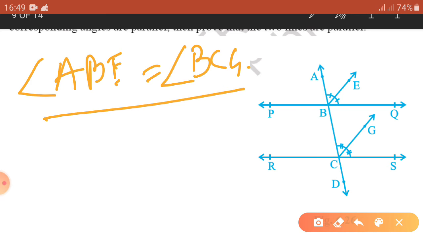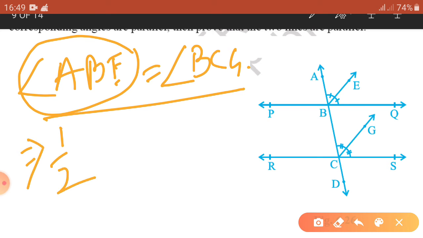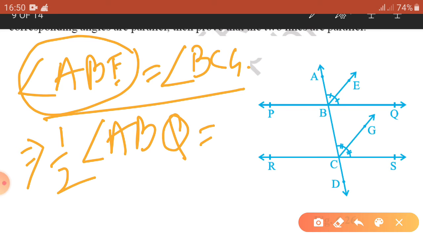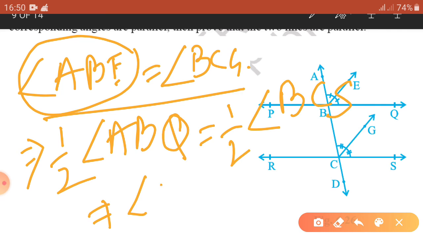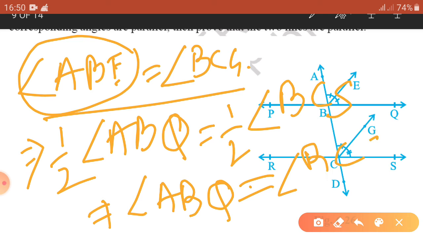If we put the value of angle ABE, that is half angle ABQ, and angle BCG is equal to half angle BCS, then we got angle ABQ is equal to angle BCS.